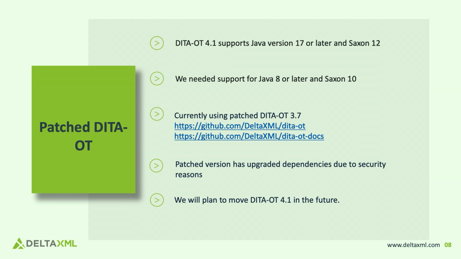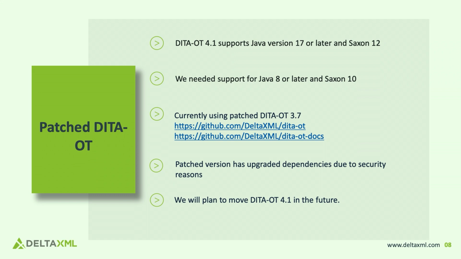These are a few. The good thing was, as soon as we upgraded the dependencies, there were no breaking changes, so we could use 3.7 with those new dependencies. After doing that, there were no high or critical security issues. So we have forked the 3.7 version of DITA OT. Those are the links, and we have included that installation directory within our product.